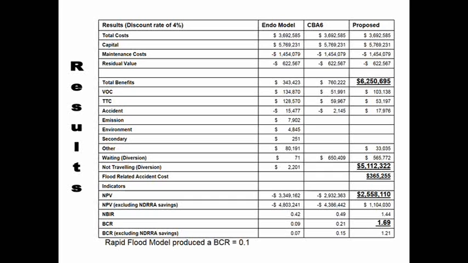So you'd expect it to be a little bit lower because people are going for the lower cost solution. Whereas with CBA 6, they could be all diverting for the entire period, for example, whereas in the endogenous model, they only divert at the beginning, then switch to the lower cost waiting. So actually that will pull your costs down in your base case, and with lower costs in your base case, you actually have less benefits.